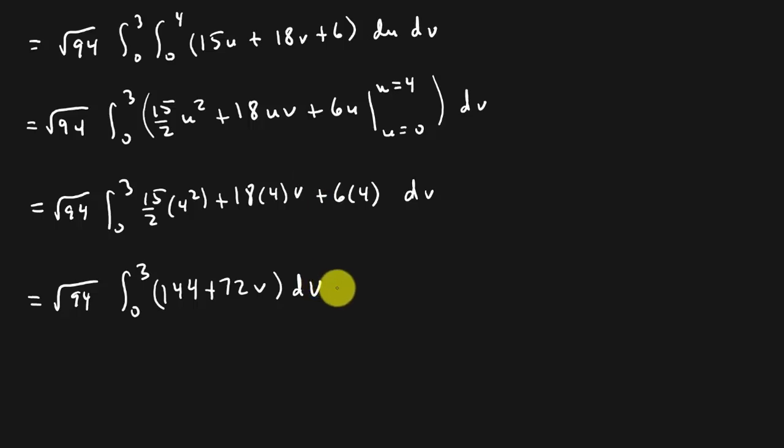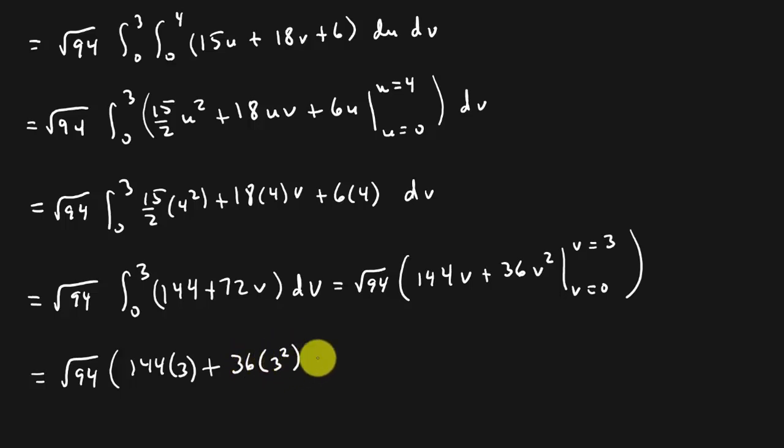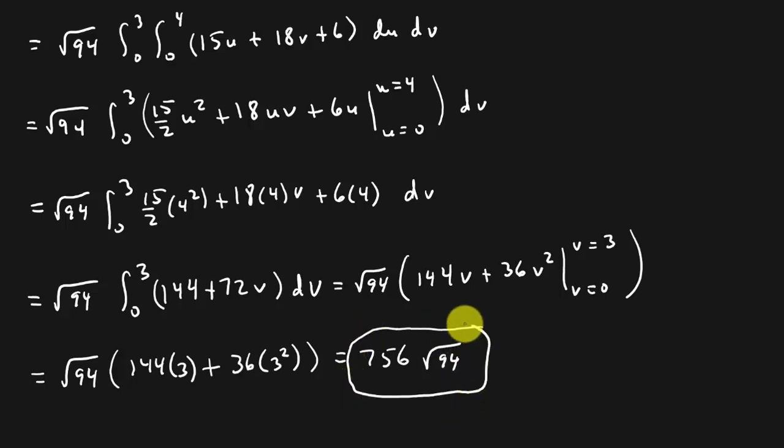You can do the arithmetic yourself. So that's square root of 94 times 144v plus 36v squared, and v is going from 0 to 3. That's square root of 94 times 144 times 3 plus 36 times 3 squared, and that is going to give us 756 square root of 94. And that is your answer.